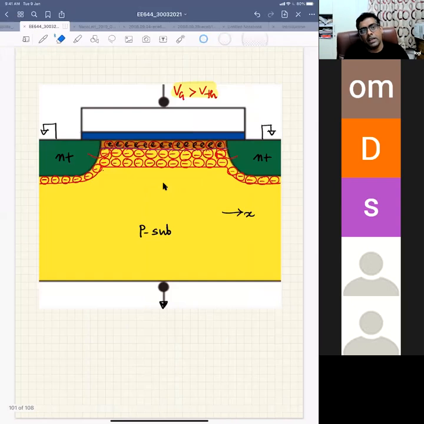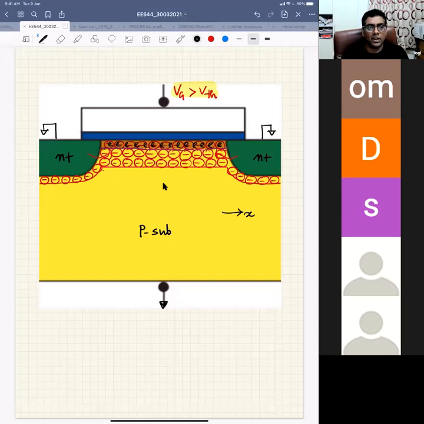Let's say this is your transistor, and you're applying a gate voltage more than threshold voltage. So you have depletion charges as well as a sheet of electrons sitting at the surface.